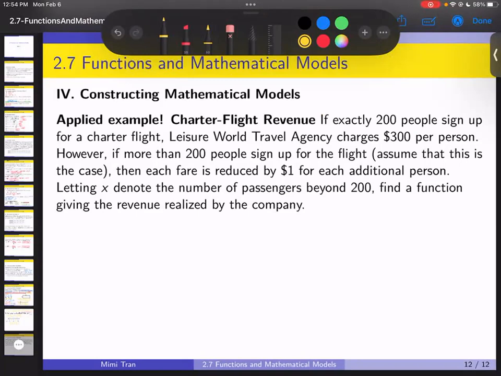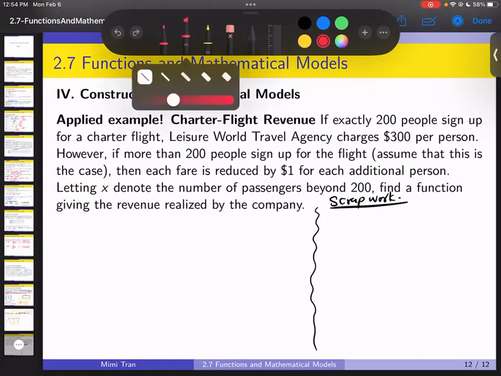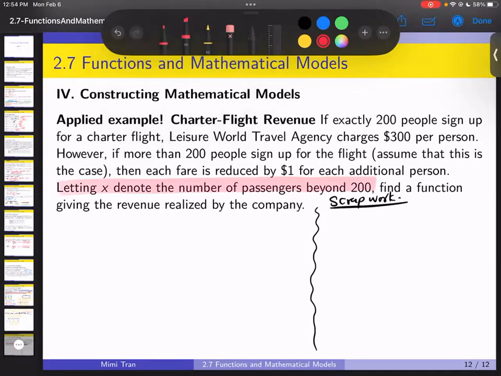So let me do some scrap work here. I was going to say, let's note the number of passengers beyond 200 people, but they already wrote it for us, so I don't have to rewrite it.